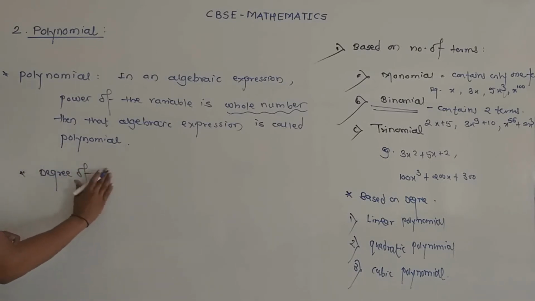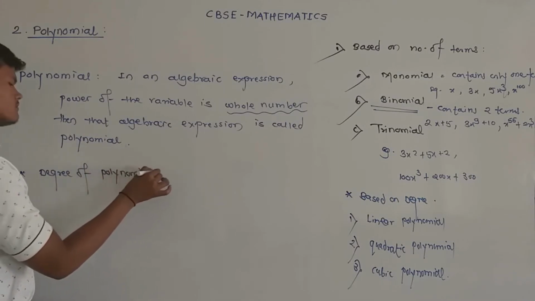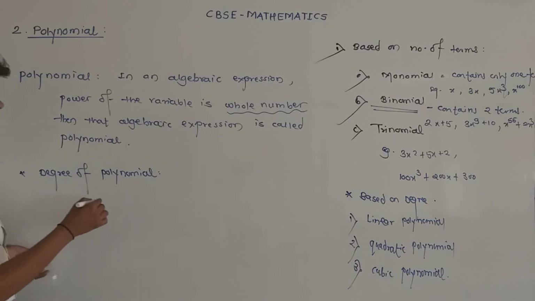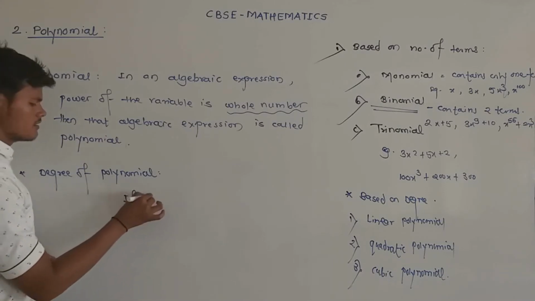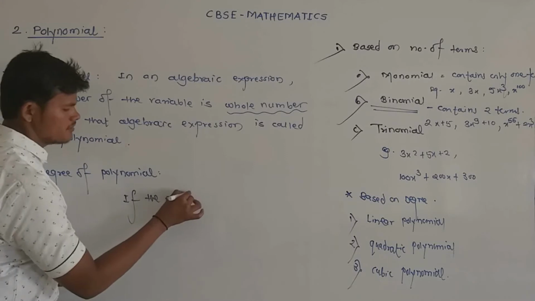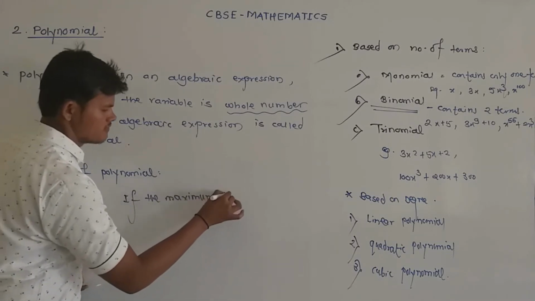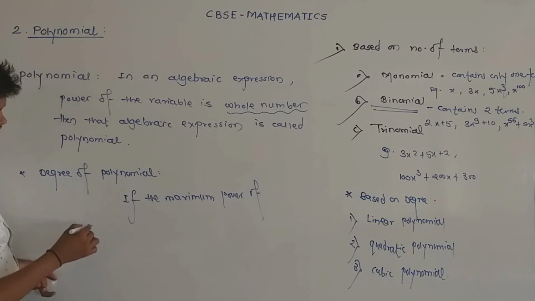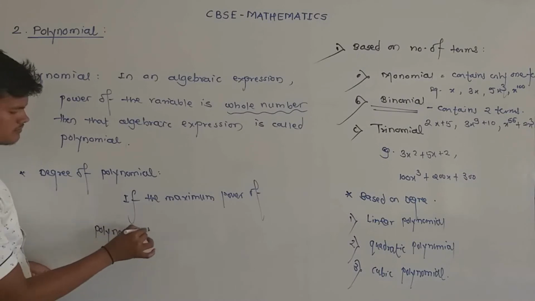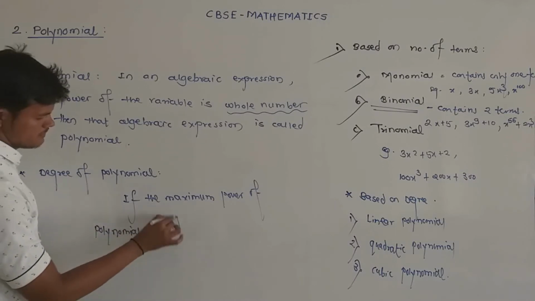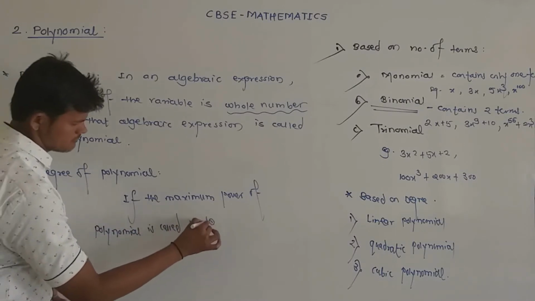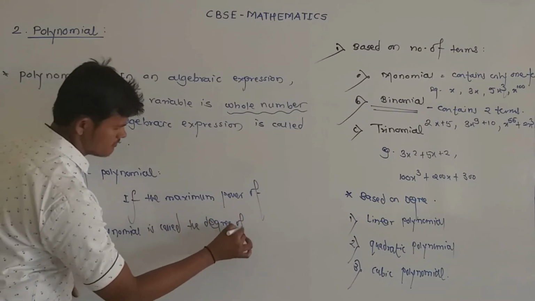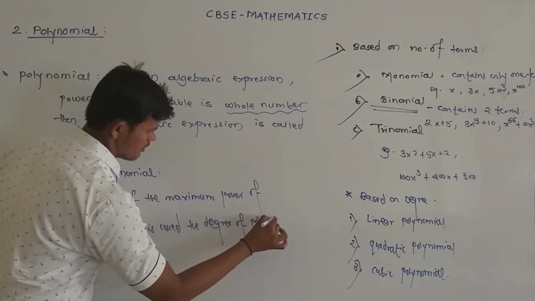Degree of polynomial. Degree of polynomial means the maximum power of the polynomial is called the degree of the polynomial.